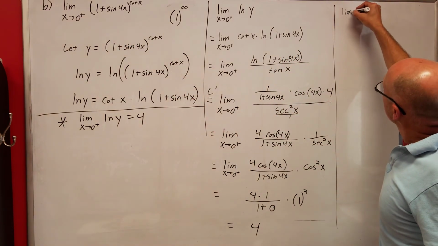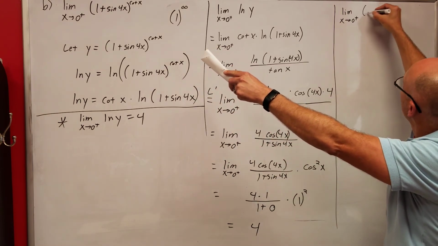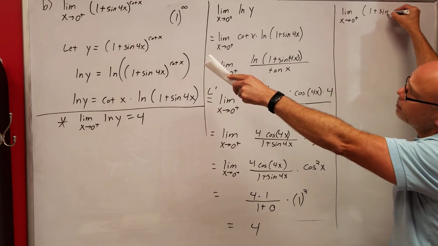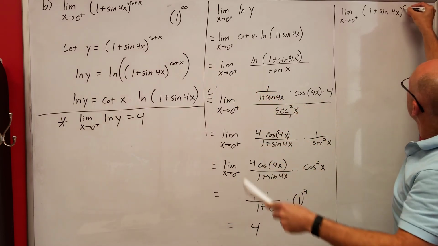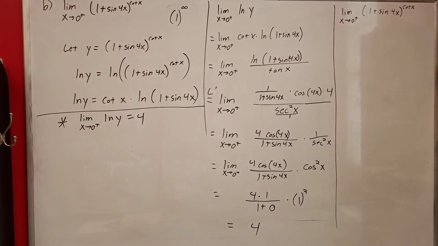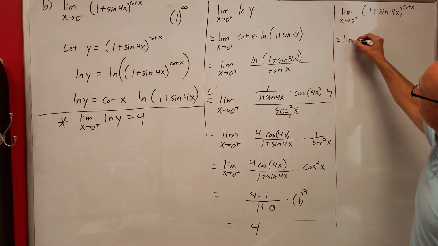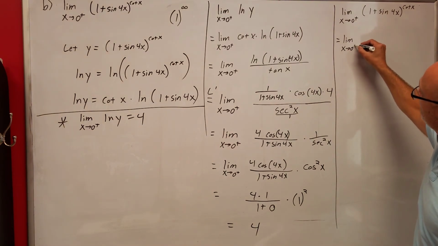The limit as x approaches 0 from the right of 1 plus the sine of 4x to the cotangent of x. I could do a rewrite. I could say this is the limit as x approaches 0 from the right.